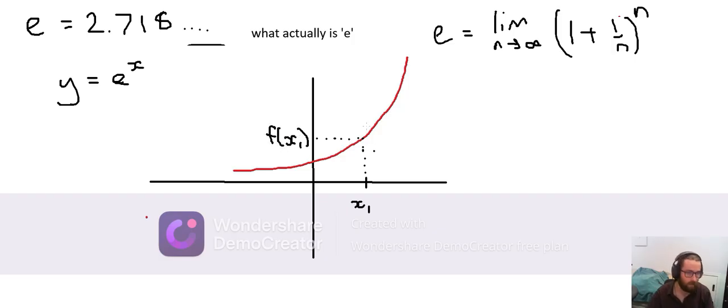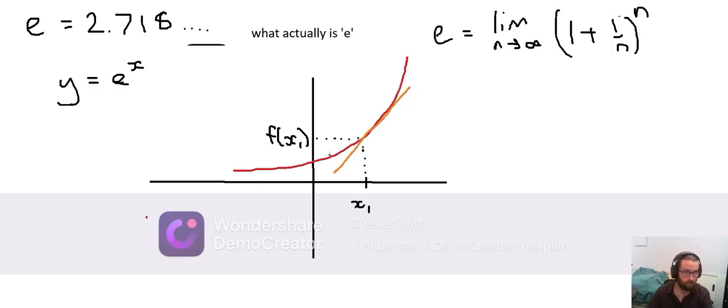And it's basically asking, for every value I can pick of x here, what is my gradient going to be? What's the slope at this point? So if I nudge x1 up a little bit, my gradient's going to change. If I bring it down a bit, my gradient's going to get more flat. Basically, a derivative, f prime of x, is asking what is the slope of my graph for every value x.